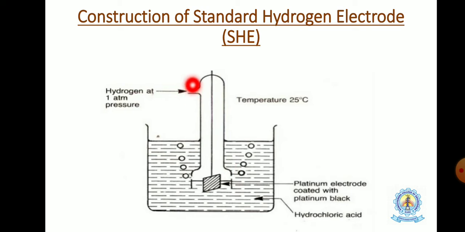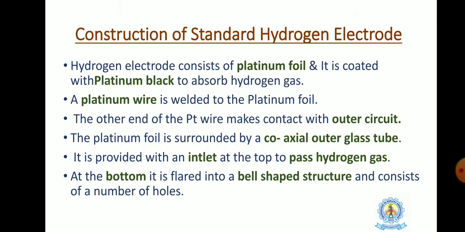This coaxial tube contains one inlet at the top for the passage of the hydrogen gas. When you pass hydrogen gas, it travels into the tube where the platinum foil absorbs the hydrogen gas and the remaining hydrogen gas escapes through the holes present at the bottom of the glass tube. These bubbles indicate the escaping of the hydrogen gas. This is the construction of the hydrogen electrode.